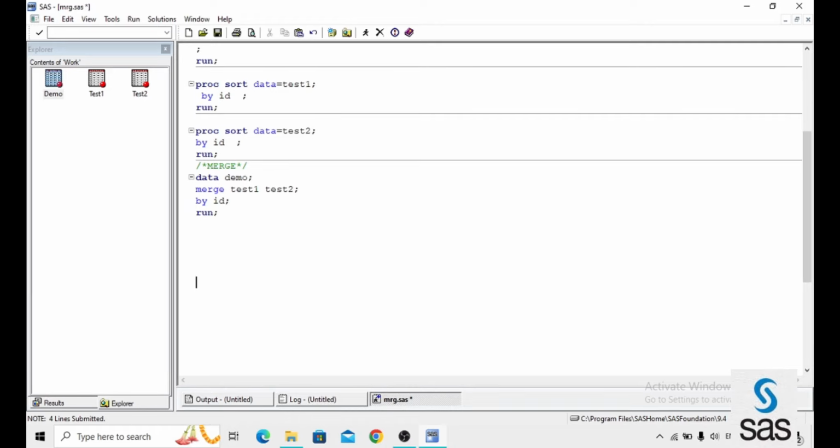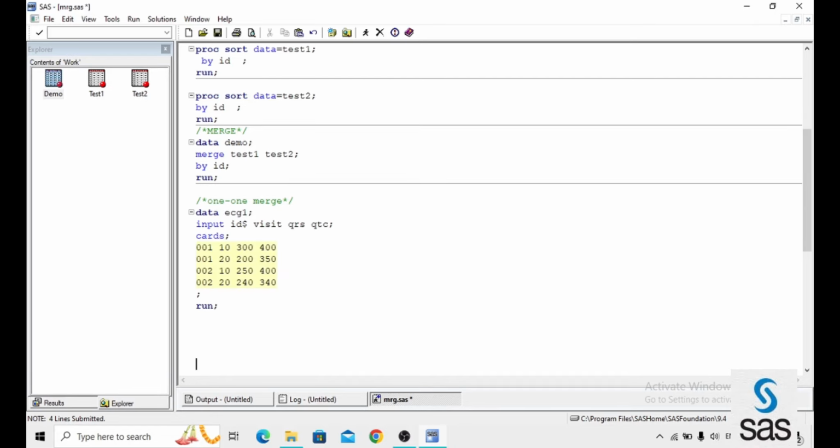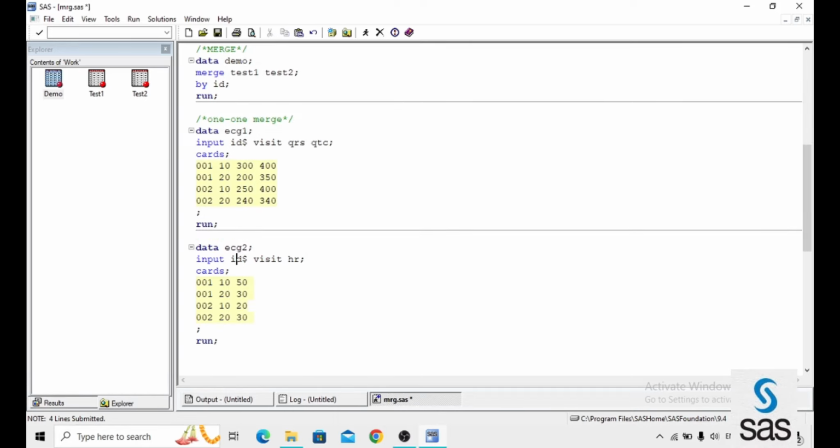There are some types in merging. In that, the first one is one-to-one merge. Simply, what is a one-to-one merge? It means there is a common observation in the common variable. Look here, the two datasets are ID, visit, QRS and QTC, and the next one ID, visit and HR.